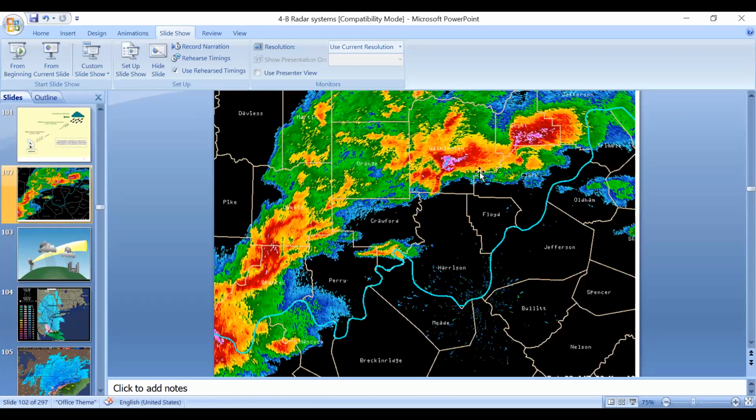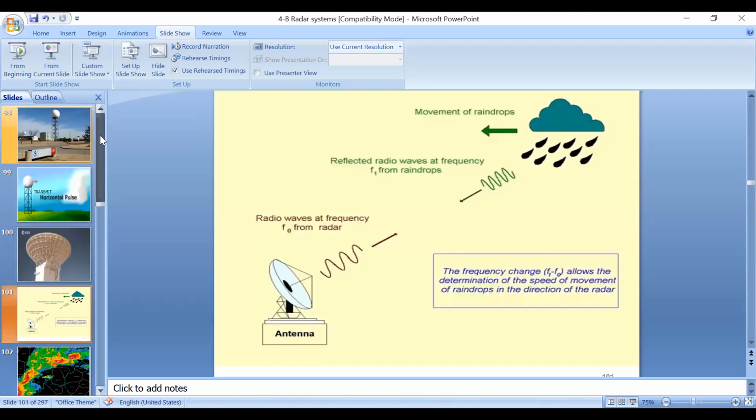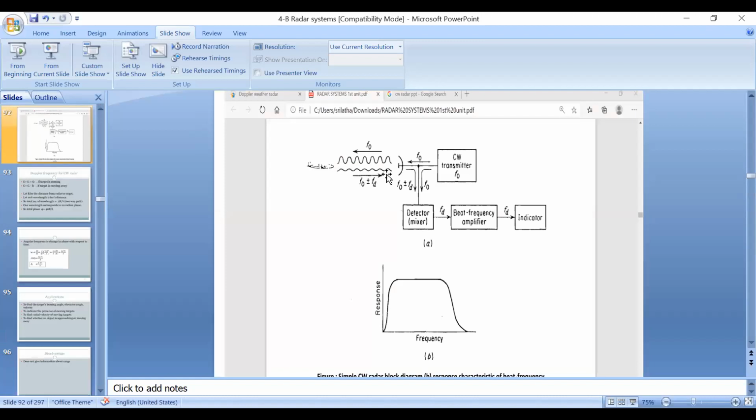Now, this was the display on the radar indicator. See clearly. Follow the lines. This is the transmitted signal. This is the echo signal received from the receiving antenna. Now this is given to the receiver section. In this receiver section, we have a separate radar processing unit.